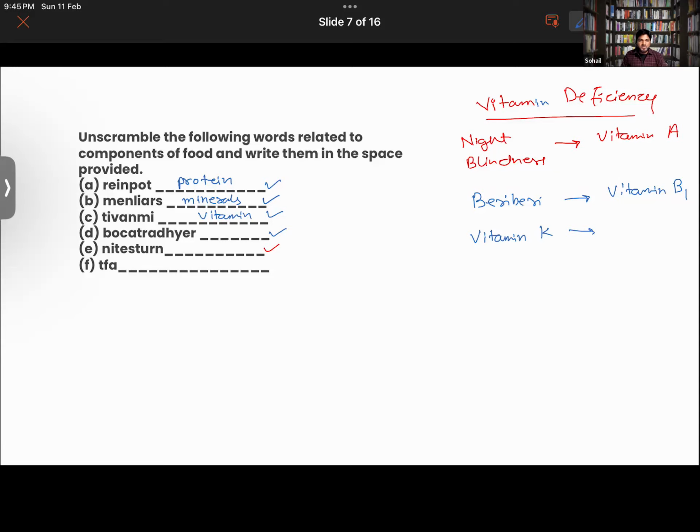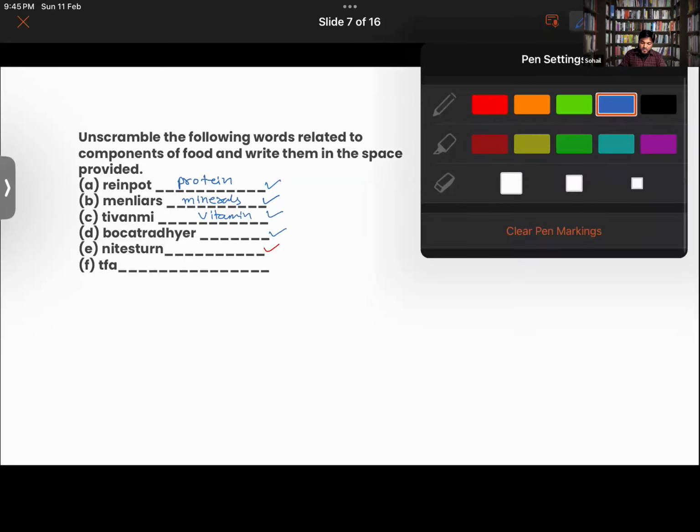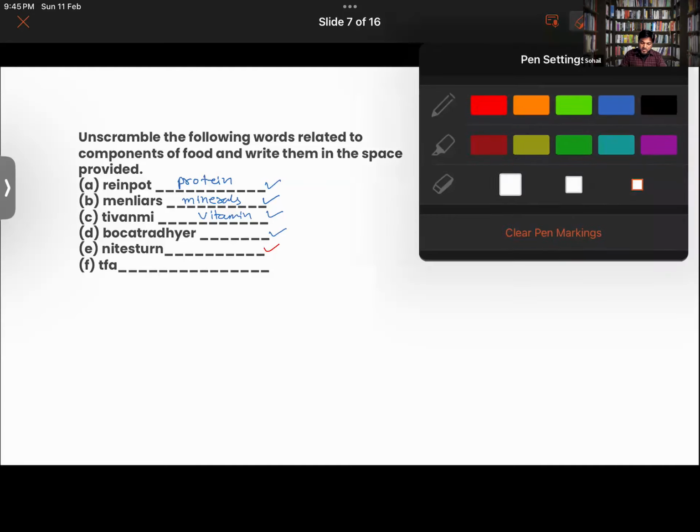So it is important that whenever there's a cut or injury or wound, blood should clot there. Getting it? So vitamin K is helpful there in blood clotting.